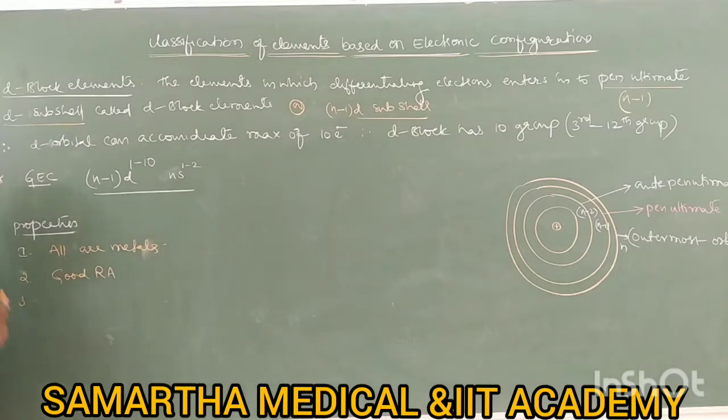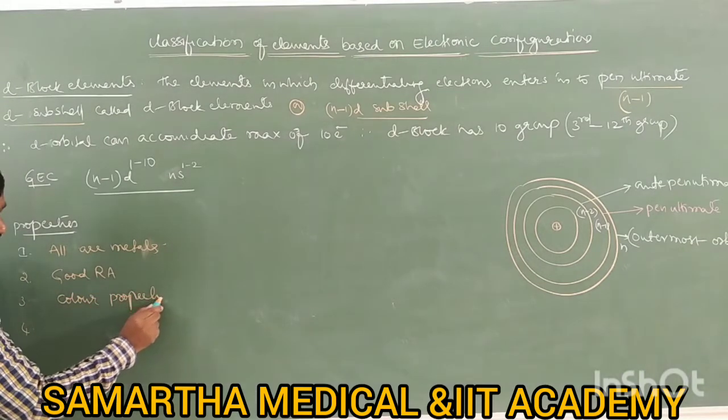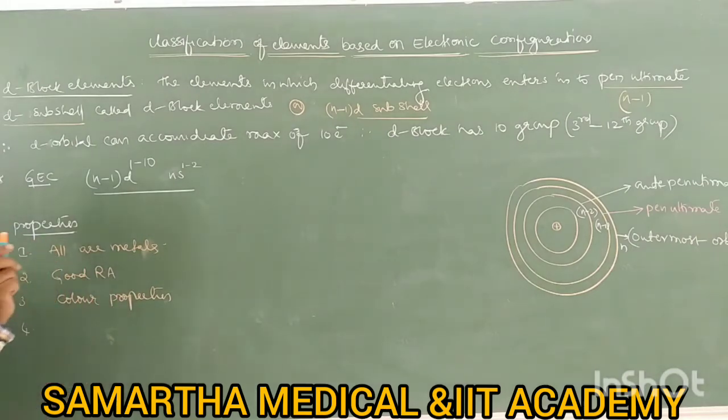Next, other than this there are some more important properties of d block elements. D block elements are metals of course, and they are reducing agents, and most of the d block elements show color property. It means most of the d block elements are colored in compound state, or even in elementary state.